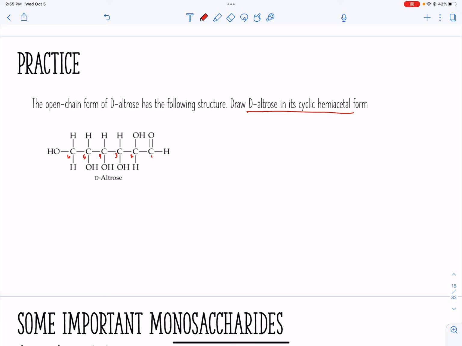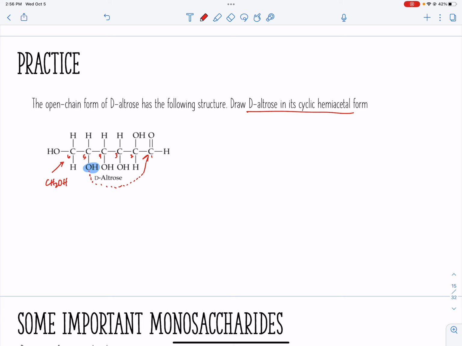Carbon 6 here is the CH2OH. This one will not be in the ring; it will be oriented above the plane of the ring. It's the OH group on carbon 5, which I'm going to highlight, that is going to form a bond with this carbonyl carbon. This is the hemiacetal reaction.